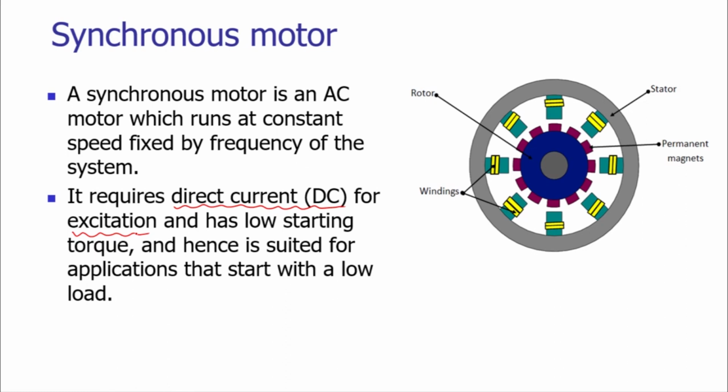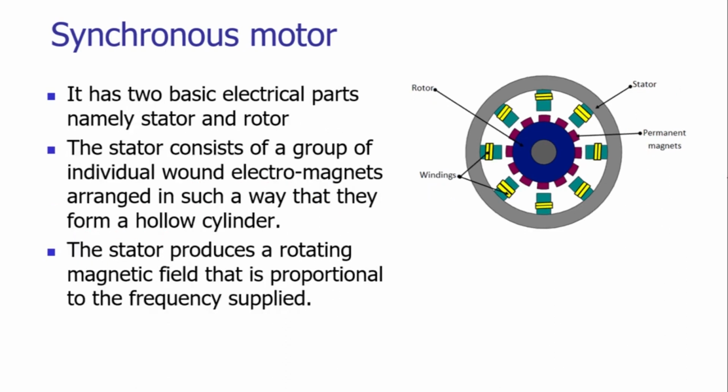So for that purpose, an external, separate excitation, separate energy is to be applied at the rotor to start the rotating operation. Afterwards, the rotating magnetic field of the AC motor rotates the rotor. The synchronous motor is a variant of the alternating current motor.